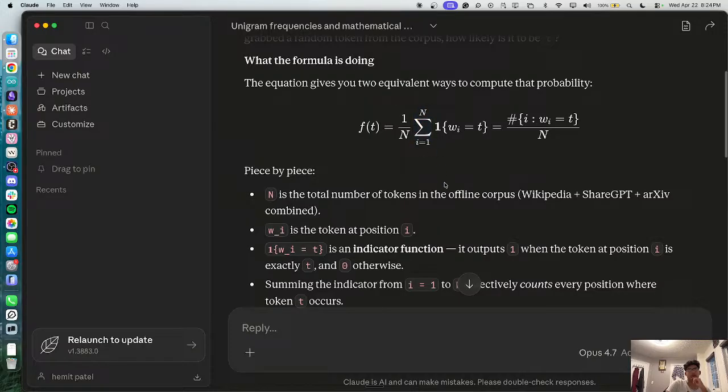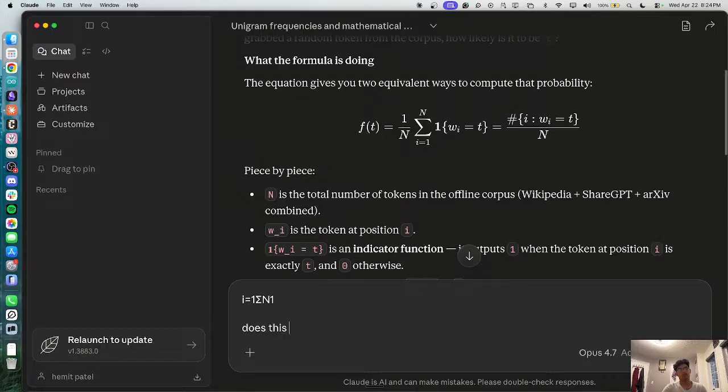This is sigma, we're looping through it. Does this just mean that we are looping towards all possibilities just in a mathematical motion?